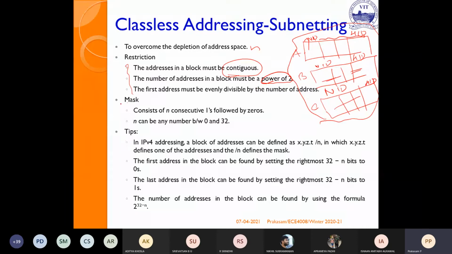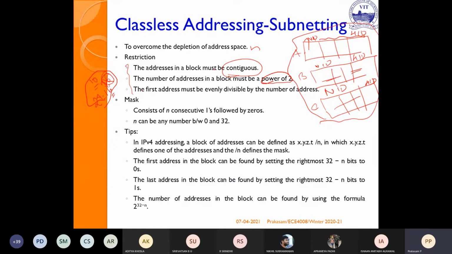For example, maybe I need only 10 systems to connect, but I should utilize 4 bits, which gives 16. So here 6 addresses are wasted. This is due to the power of 2. This is one of the restrictions.